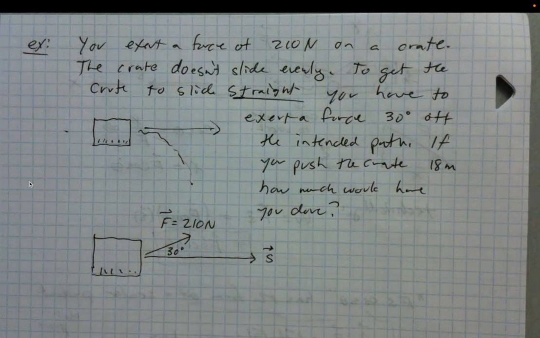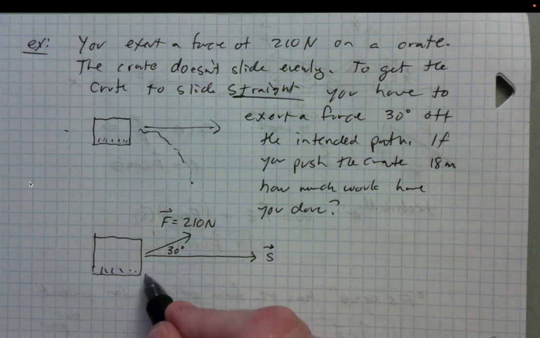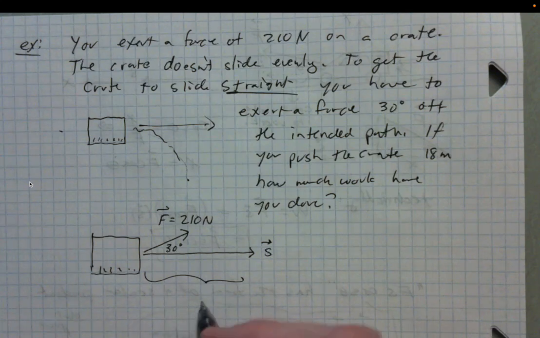So I have to push 30 degrees off of the path I want it to go in order for it to go down that path. The question is, what is the work done if the displacement I'm after is 18 meters? I'm going to apply this force until the crate has moved through 18 meters of displacement along this S path.